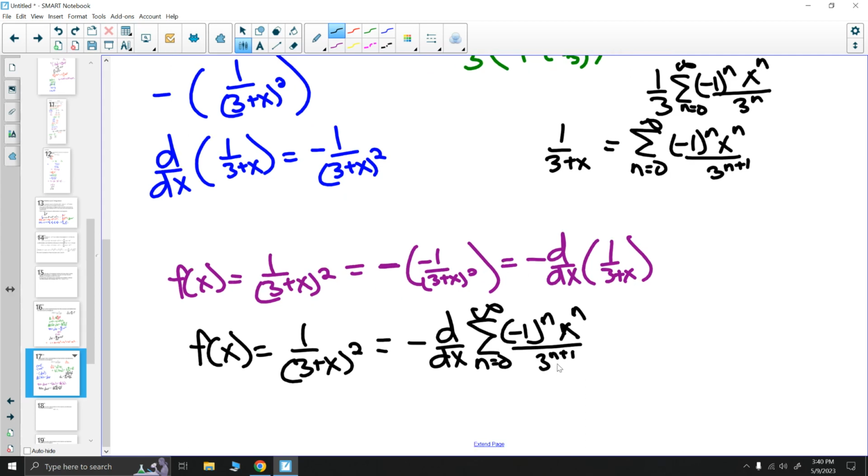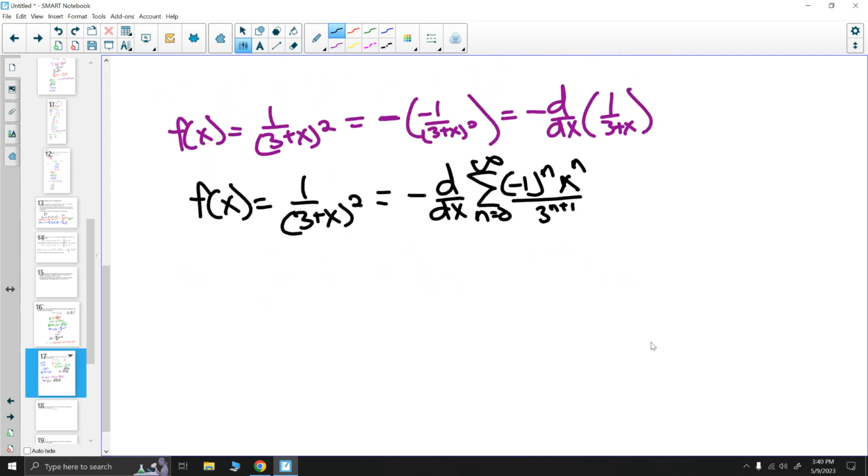All right, so when we're deriving something, as a reminder, constant multiples just stay the same. So this and this do not change. It's going to be negative sum n equals 1, because we shift the start since we're deriving it.